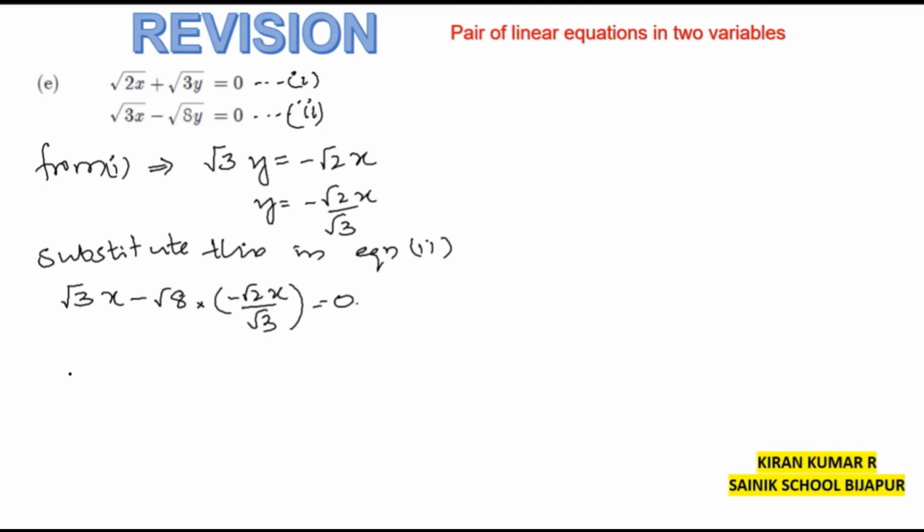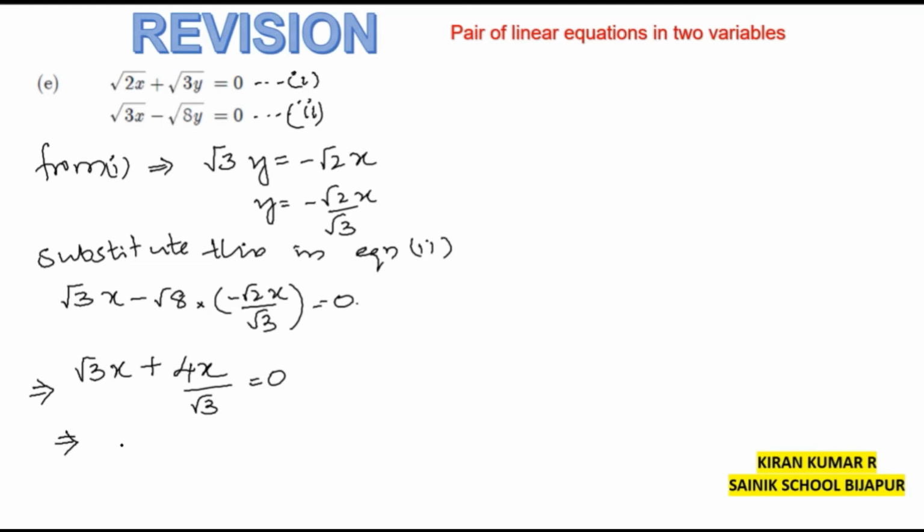Here we have a root 3x minus this root 8 is nothing but root 4 times of 2, which is nothing but 2 root 2. When 2 root 2 multiplied to root 2, it becomes 4. So minus of minus becomes plus 4 times of x divided by root 3 equal to 0.